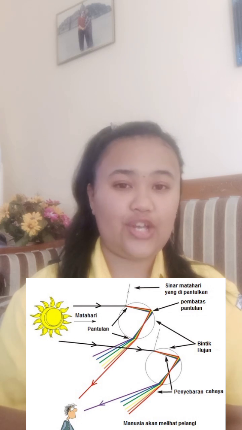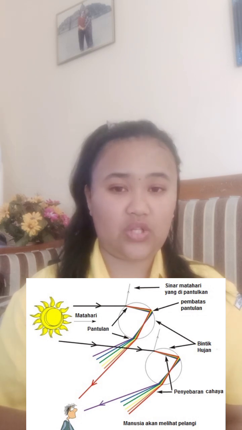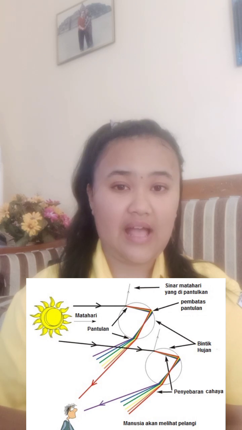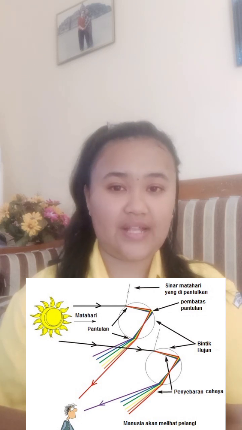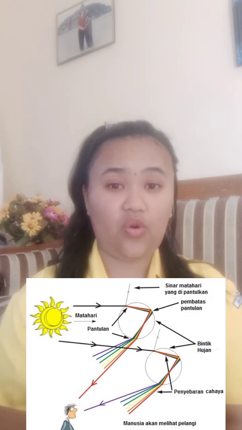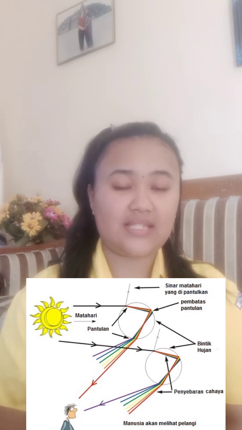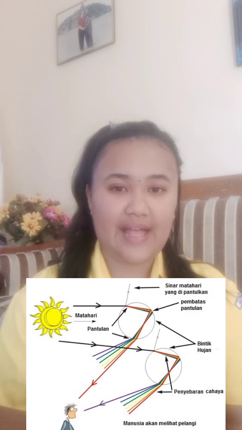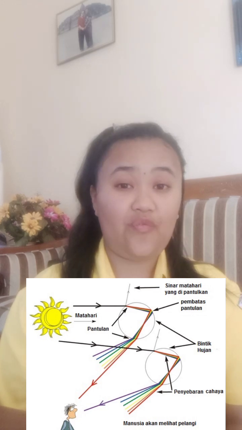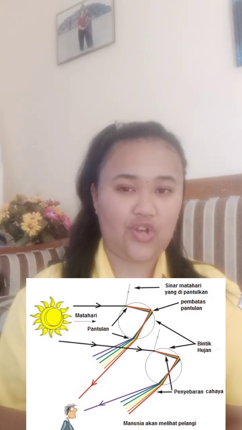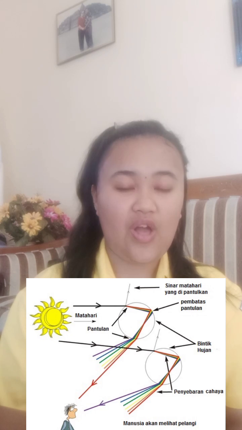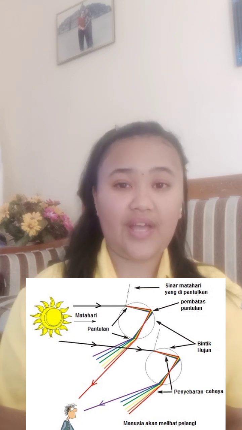The sun's light should not be blocked by clouds, mountains, or other obstacles. In addition, the position of the sun must be slightly lower. If we are at the same position as the horizon line, then the sun needs to be at an angle of 42 degrees so that the rainbow can be seen from where we are standing.